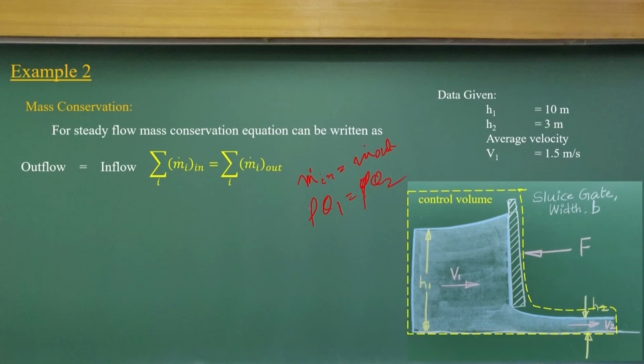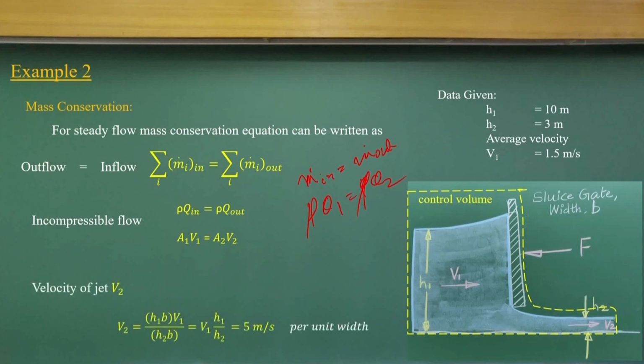The rho cancels out, so Q1 is equal to Q2. This is a very simple thing; Q is the area times the velocity, that is the average velocity V1, V2, and based on that you can compute the jet velocity at this point.